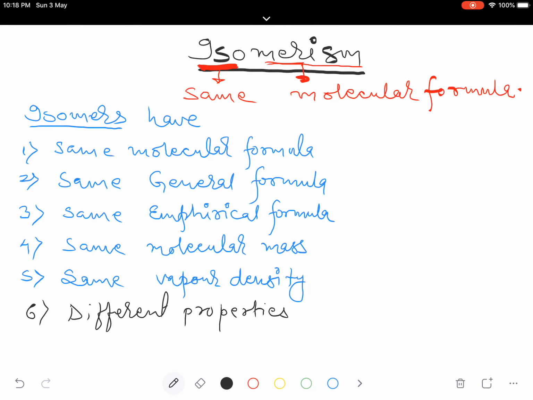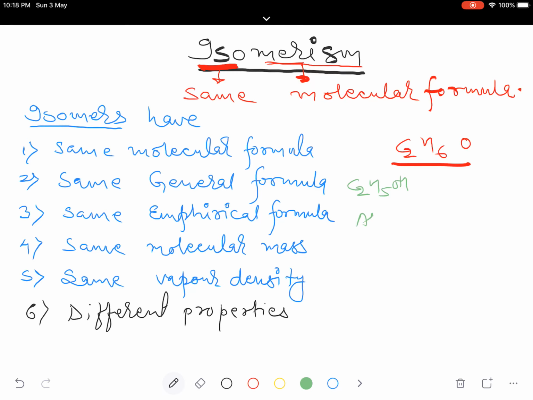How will that happen? I'd like to take one example here. Say if I write a general formula as C2H6O, a number of different compounds can have this formula. Let's say first C2H5OH, that is ethyl alcohol, right?